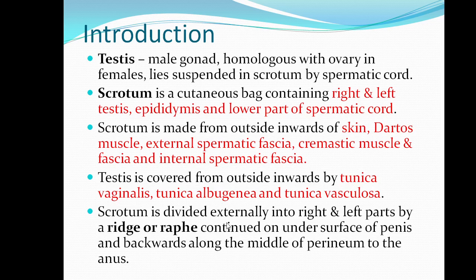The scrotum is divided externally into right and left parts by a ridge or raphe, continued on the undersurface of the penis and backwards along the middle of the perineum to the anus.